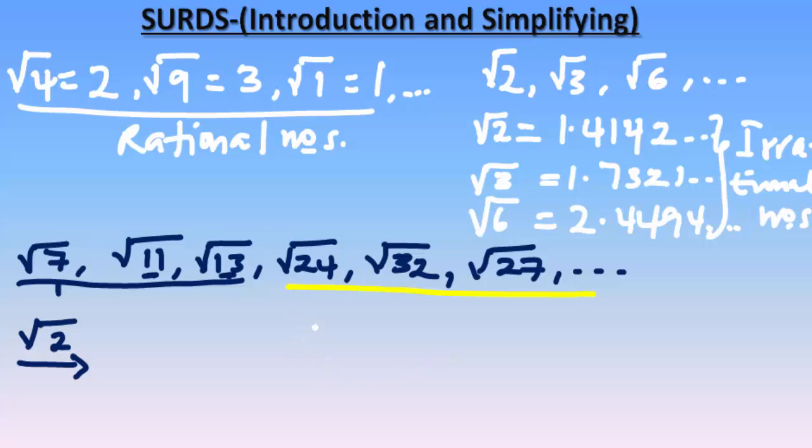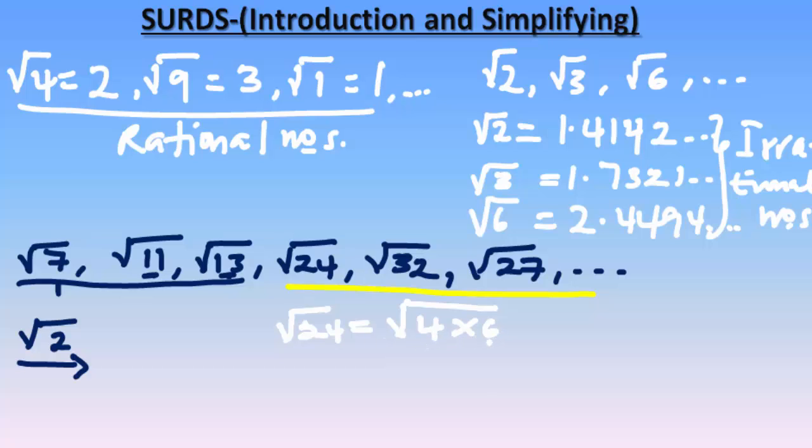So if you take the root of 24, you can express 24 as a perfect square and then a non-perfect square. So you can say 4 is a perfect square multiplied by 6, which is not a perfect square. Now this 6 is in lowest form, meaning that there's no other perfect square except 1 that you can express 6 with. So 4 times 6 will give us 24.